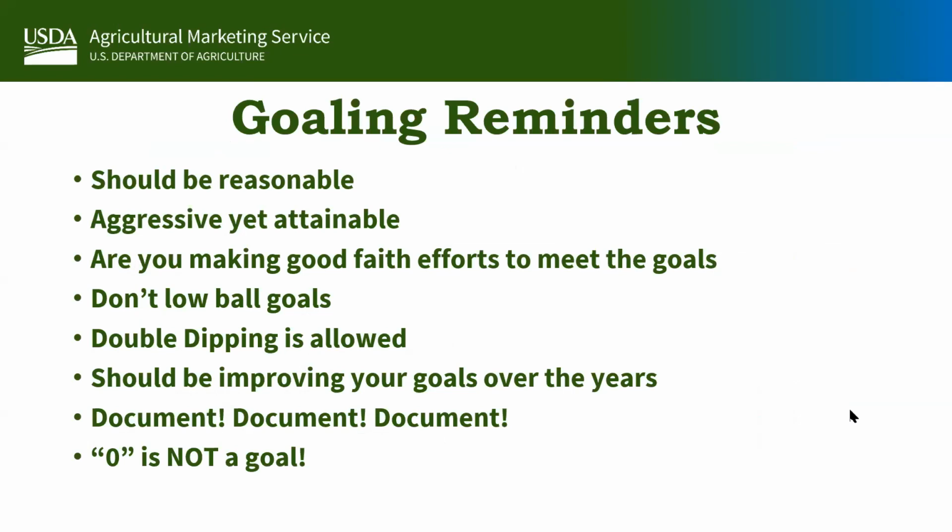And so with that being said, here are a few key reminders when it comes to goals. They should be reasonable and attainable, but don't underestimate your numbers. Your company should have high achieving goals, knowing that they will make a good faith effort to achieve them. And double dipping is allowed. So what does this mean? Double dipping means you can count a small business in different categories.